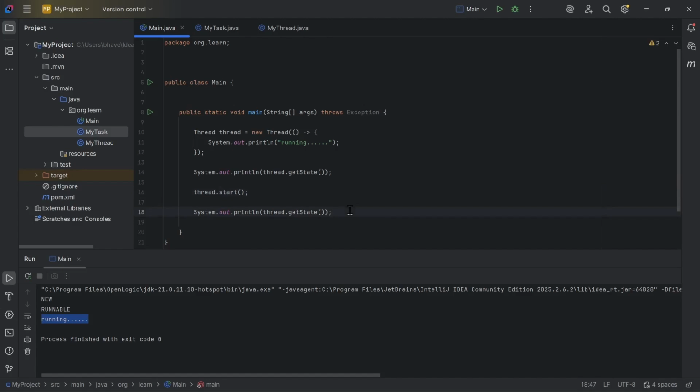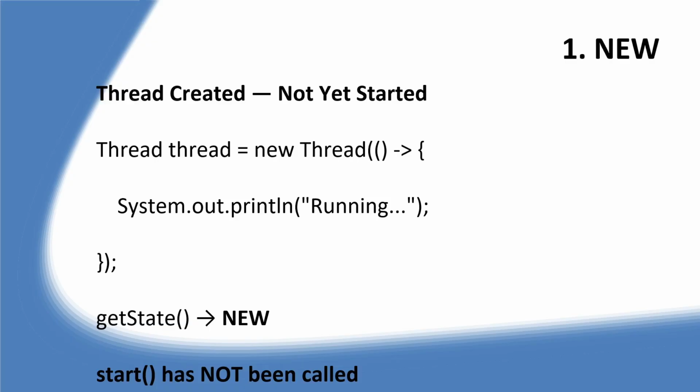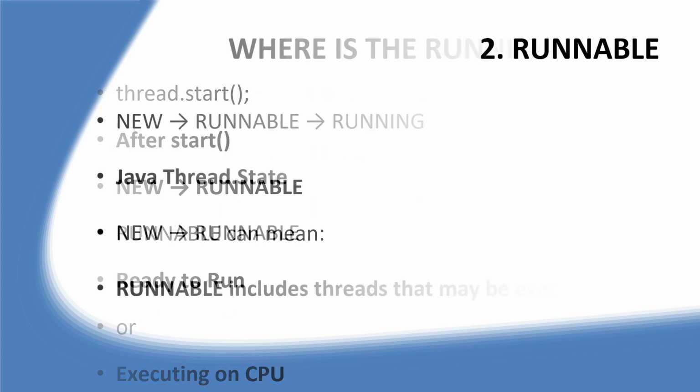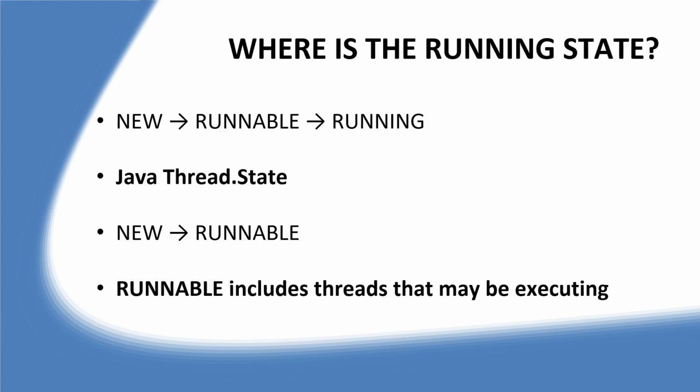Okay, so now the next question is, where is the running state? Conceptually we often say that a thread is ready or that a thread is running, and some diagrams represent these as separate states, runnable and running.